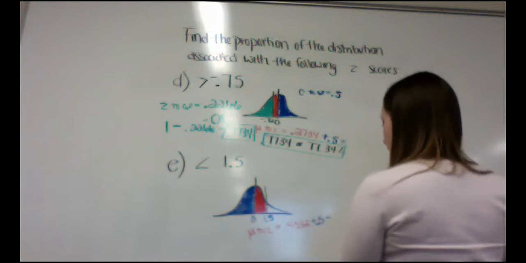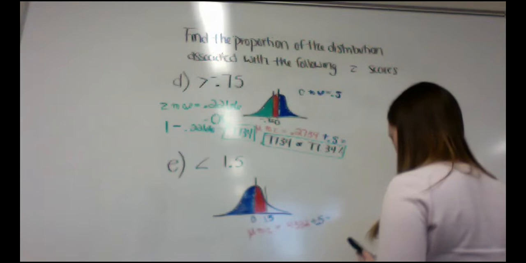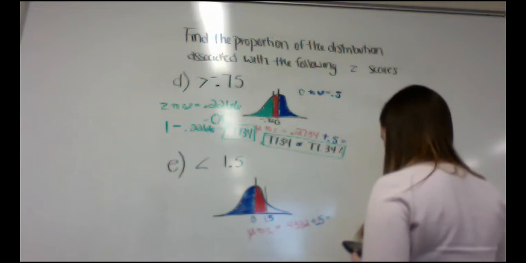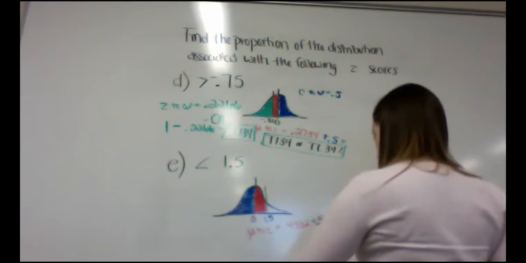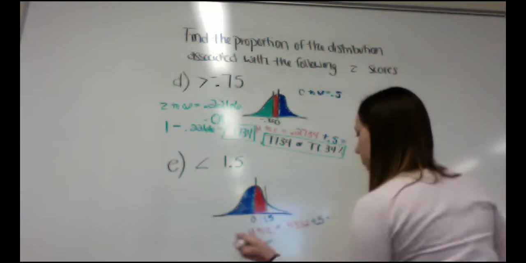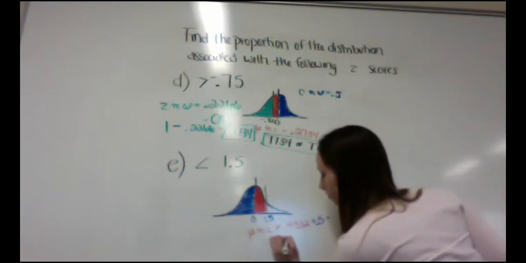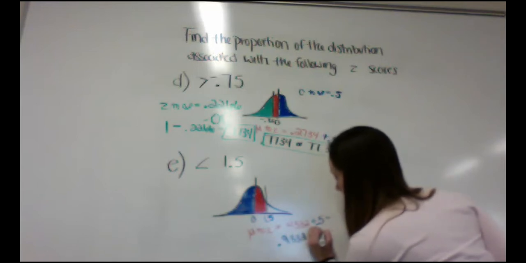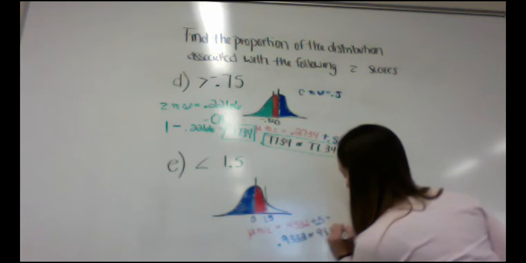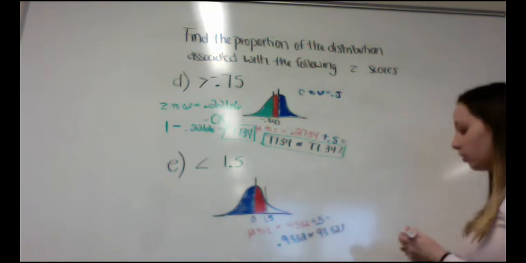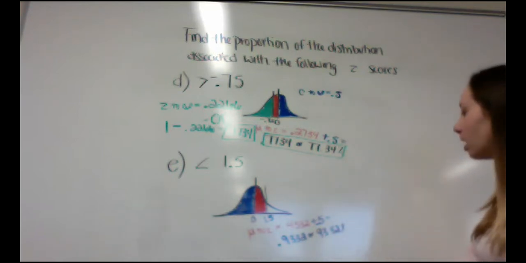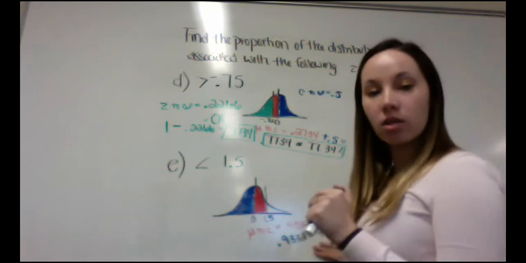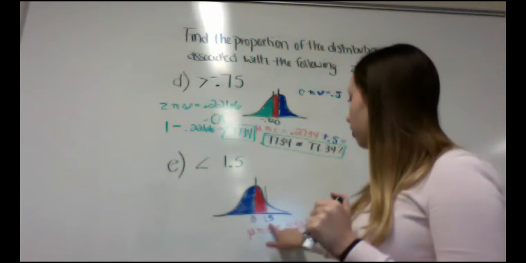So 0.4332 plus 0.5 gives us 0.9332, or 93.32%. So the way you interpret that is by saying 93.32% of the distribution is associated with a z-score of 1.5 or less.